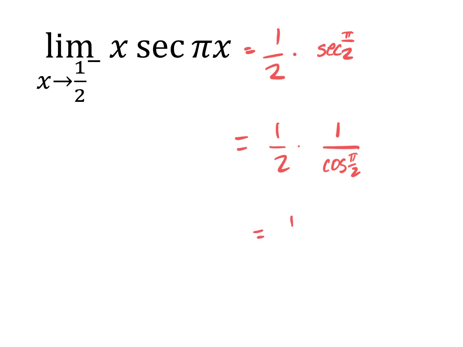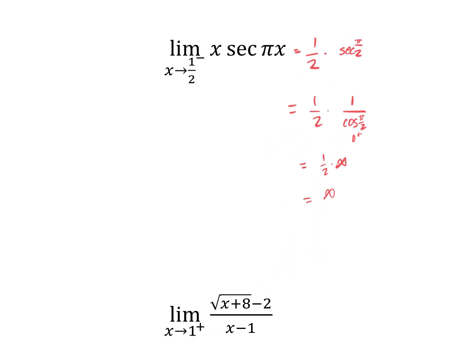So I have 1/2 times positive infinity, which is like infinity, because half of infinity is infinity and beyond as well. It's like half of a lot is still a lot. Sort of.